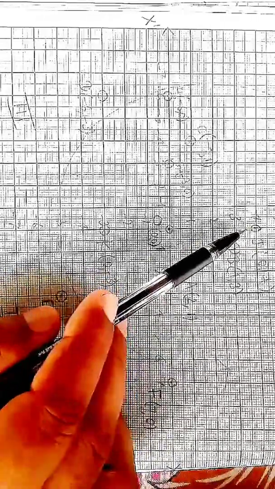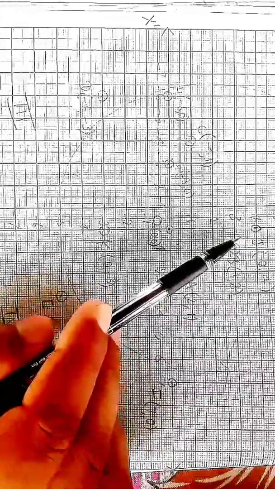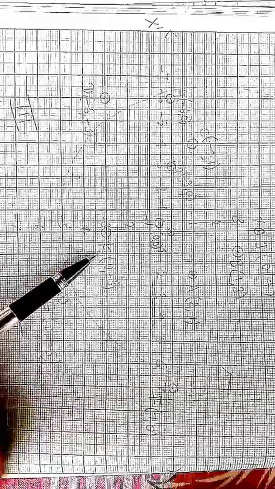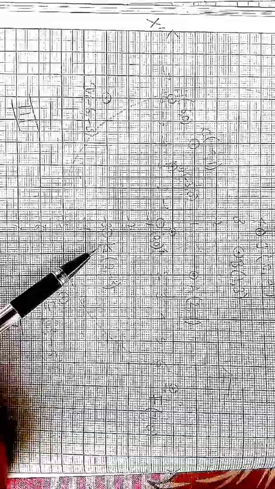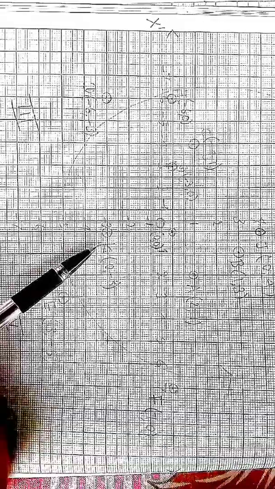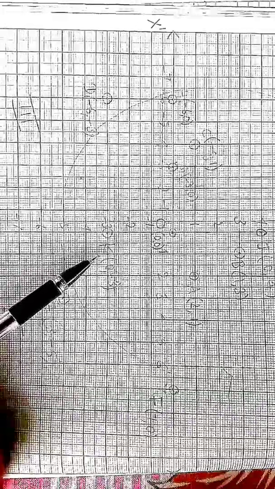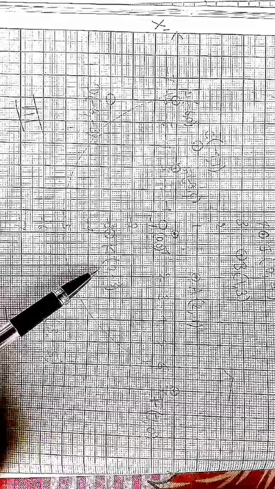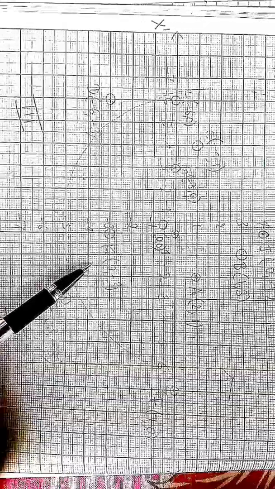Its distance from y-axis is 0, so its x coordinate is 0, and its distance from x-axis is 4, so its y coordinate is 4. We may take another point. This is k. Its distance from y-axis is 0, because it lies on y-axis, so its x coordinate is 0, and its distance from x-axis is minus 3, so its y coordinate is minus 3.